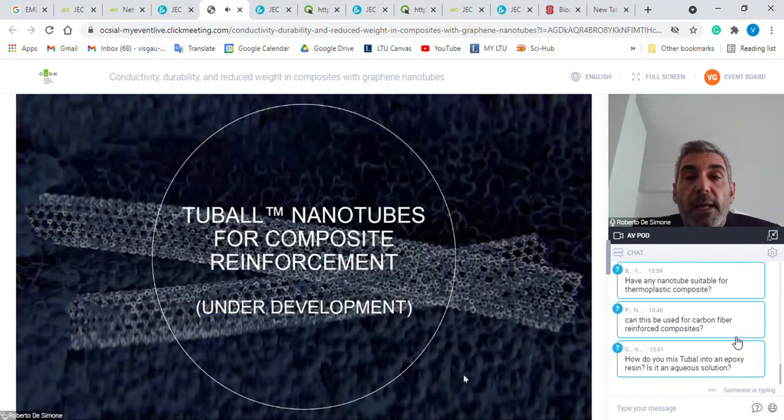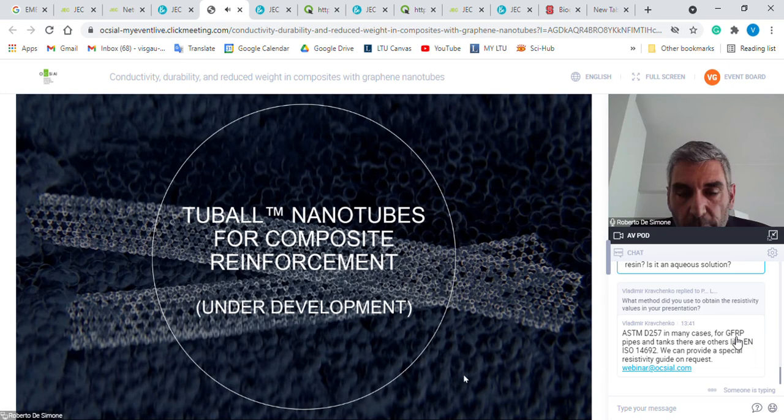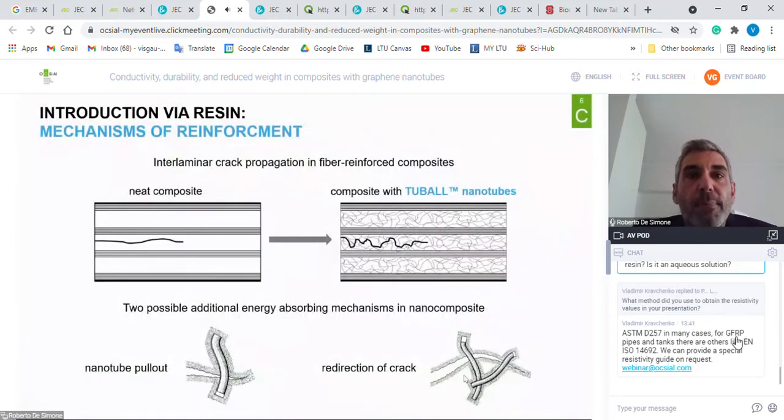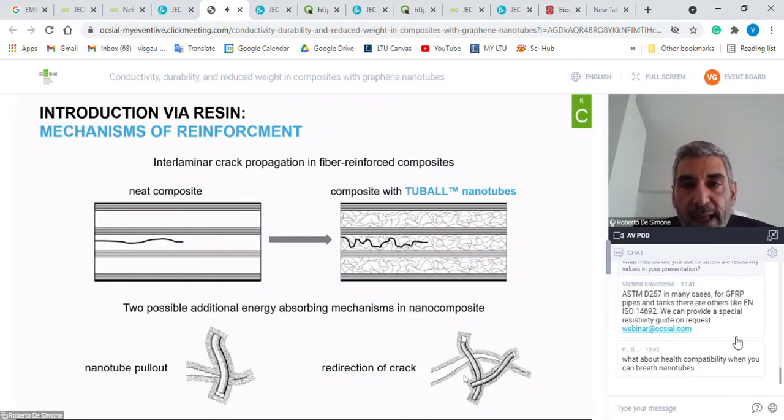Now we can switch a bit to the mechanical reinforcement we can get with the use of Tubal. This approach is currently under development, but we can show you some relevant data we have achieved so far. One of the important mechanisms in the composite area is how to reduce the interlaminar propagation of the crack, the fracture, in fiber reinforced composites.